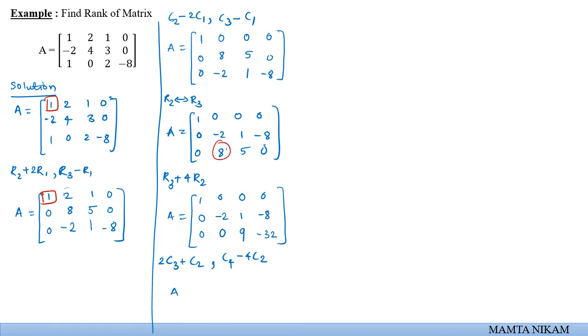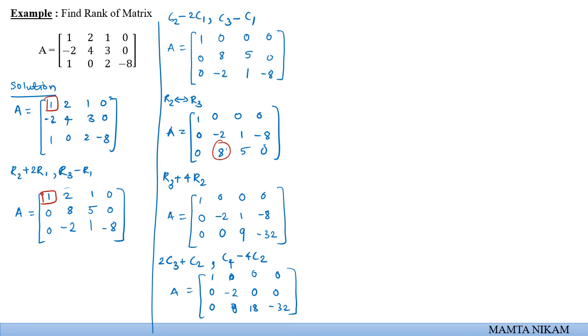So the matrix will be 1 0 0 0, minus 2 0, I keep it as it is. Then 0, minus 2 plus 2 will be 0, 9 twos are 18 plus 0 will be 18. Then what will the fourth column be? 0, minus 8 plus 8 is 0, minus 32 and 0, so this will be minus 32 as it is.